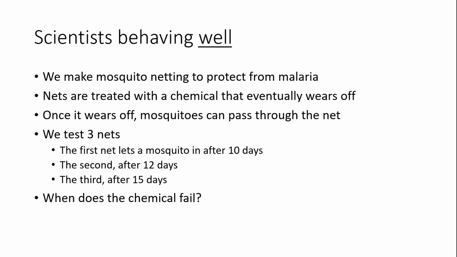We want to give our customers advice as to how long to use their net. So we test 3 nets. We set them up with detectors inside to pick up on the first mosquito coming in. The first net, a mosquito comes in after 10 days, the second after 12 days, the third after 15 days. And our question is, what's the confidence interval for when the chemical fails?